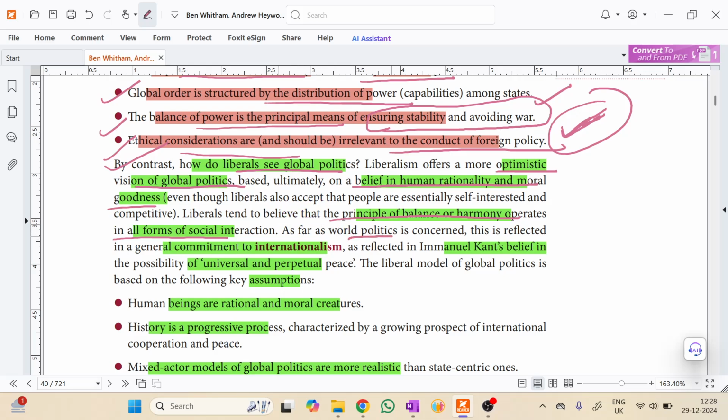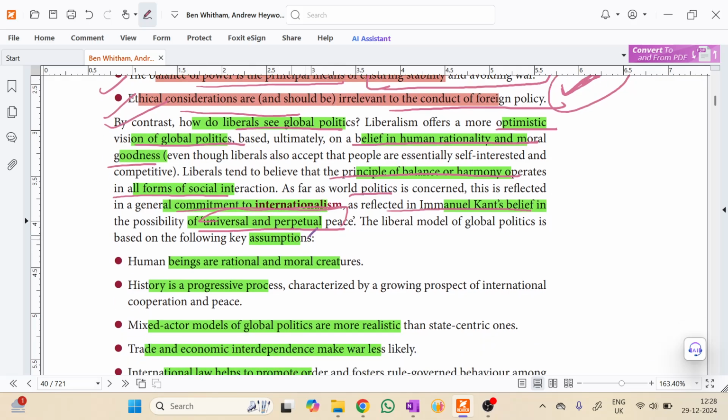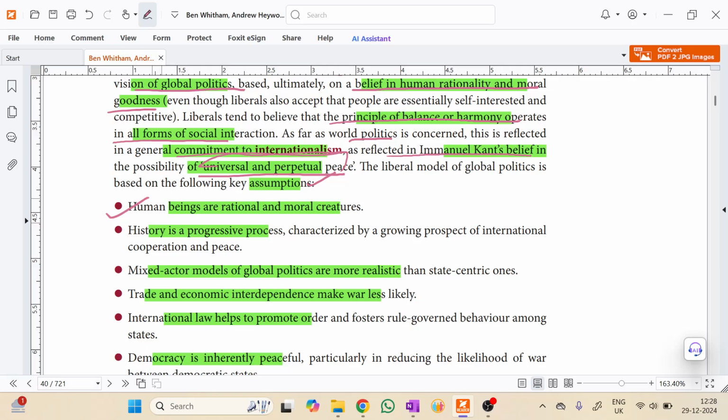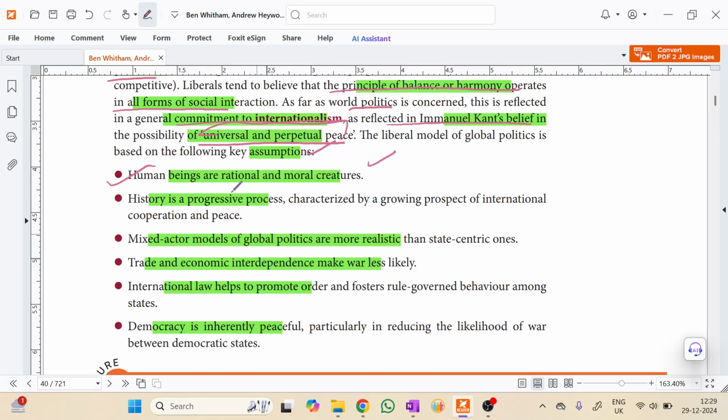As far as world politics is concerned, this is reflected in a commitment to internationalism, which is reflected in Immanuel Kant's belief in universal and perpetual peace. So the basic assumptions of liberalism are that human beings are rational and moral creatures.